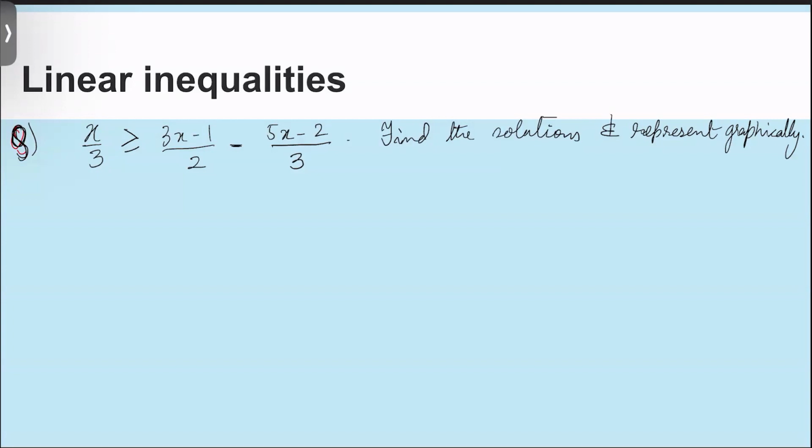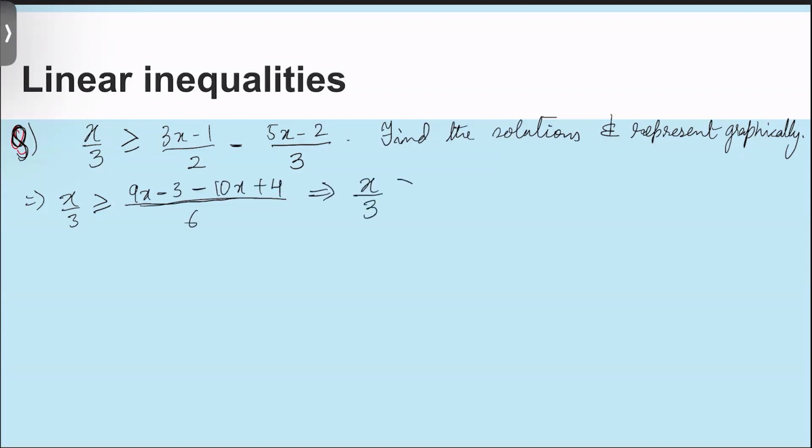So now, before we start dealing with both sides of the linear inequality, we will first try to simplify the right hand side only. So what you have is x by 3 is less than or equal to, so this becomes 6. So you have 9x minus 3 and then minus 10x plus 4.